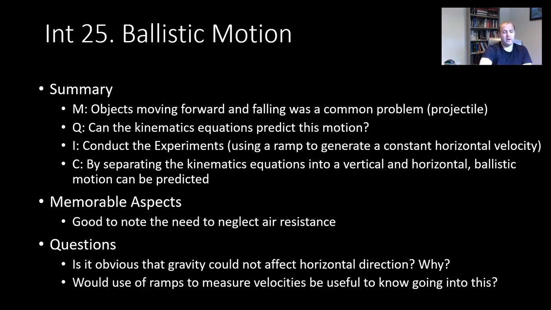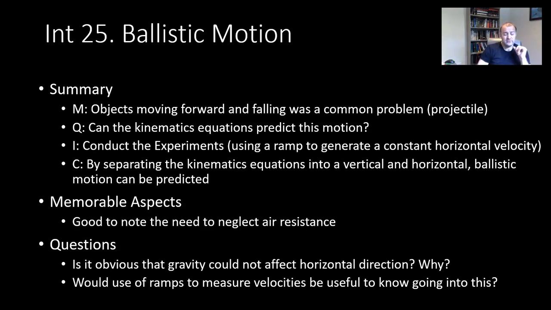And then the idea that you can actually measure the velocity after a rolling object hits the horizontal surface. You can measure the velocity by measuring the time it takes to go through two fixed points, because you know that on a horizontal surface it will just be going at a constant horizontal velocity.